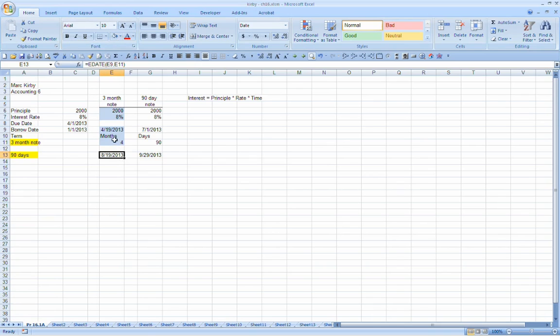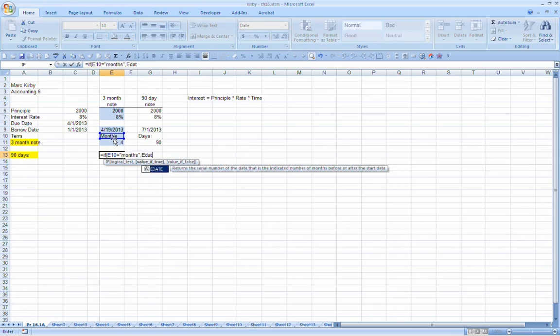So how would we accommodate for whether this is months or days? Well, we can go back to the old standby, the IF statement. I'm going to delete this completely, equals IF cell E10 equals, in parentheses, months, then what do I want to do?